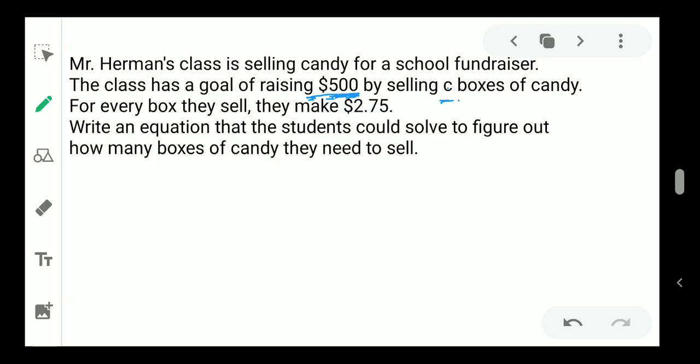For every box they make that much. So the profit, the extra money they get by selling each box of candy, is $2.75. Again they have told us to write the equation, so that the student can figure out how many boxes of candy they need to sell.